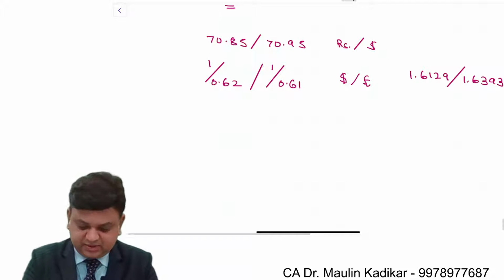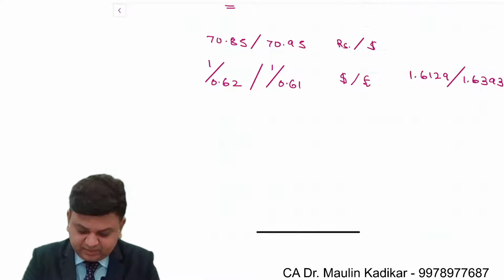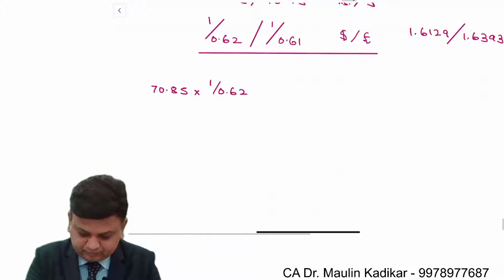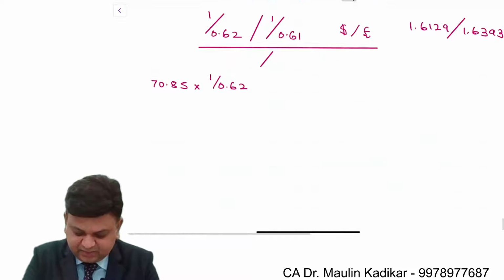Afterwards the answer is very simple. We can compute the rupees per pound exchange rate like this: 70.85 into 1 divided by 0.62 slash 70.95 into 1 divided by 0.61.